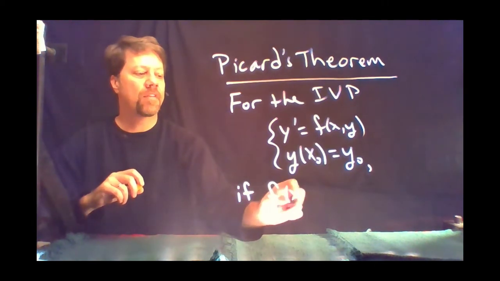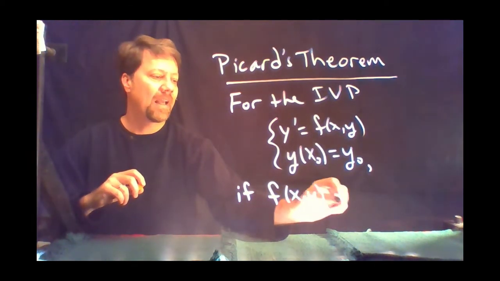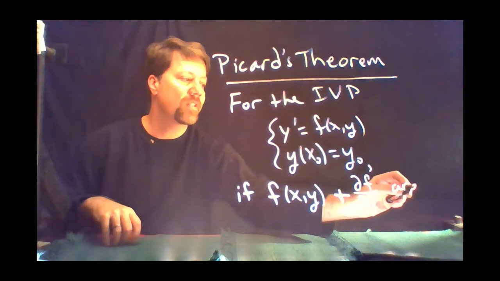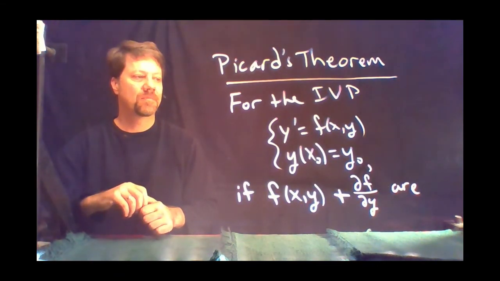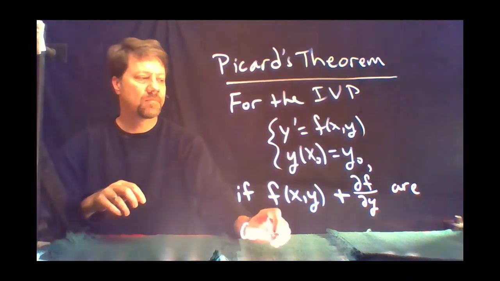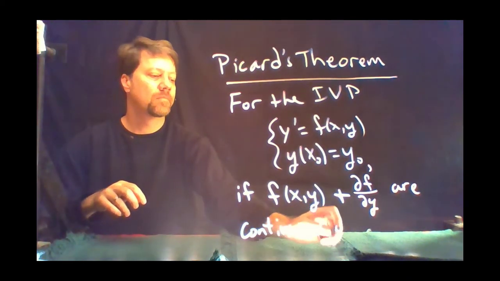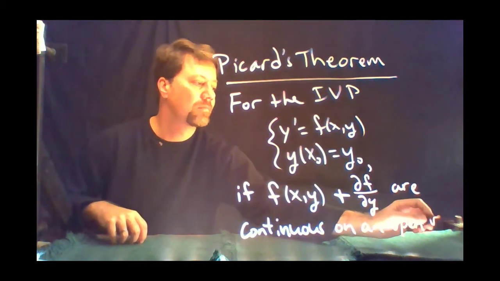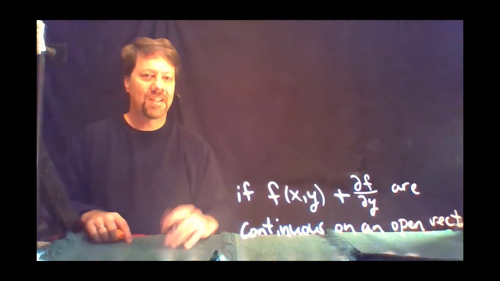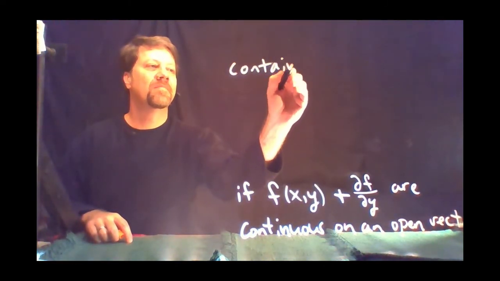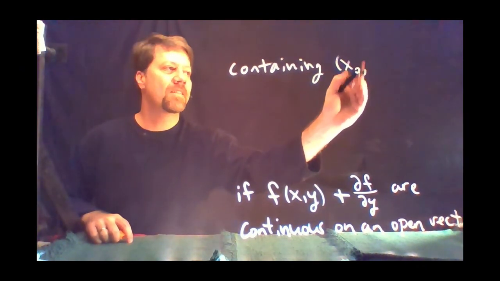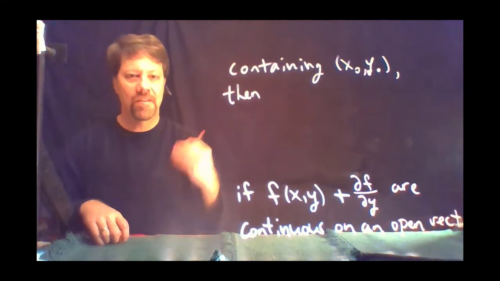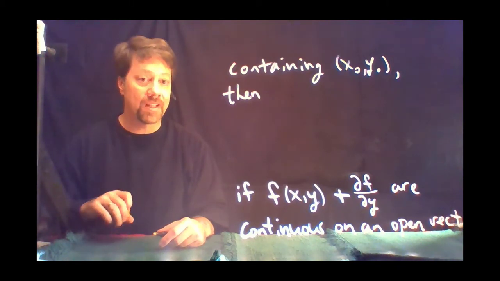if the function f of x, y and its partial derivative with respect to y, if these are continuous on an open rectangle containing the initial point x naught, y naught, then there will in fact exist a unique solution to the initial value problem.